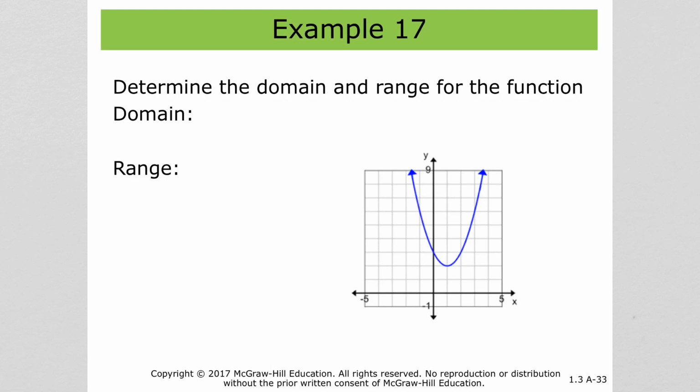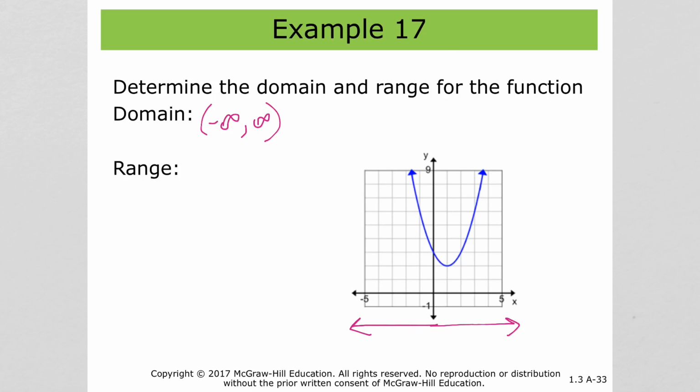Now, if this thing continues to go up, it's going to continue to go up and out forever and ever. So we're looking at x values. So it's going to keep going to the left forever and to the right forever. So our domain is all real numbers, or in interval notation, it's negative infinity to infinity.